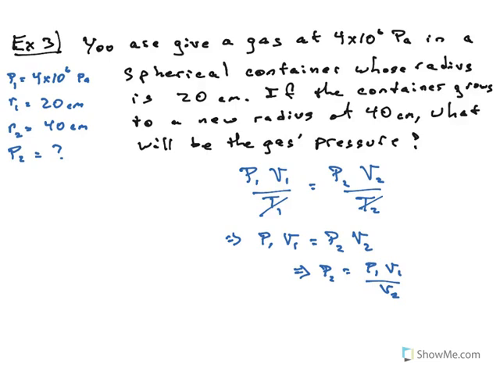So how do we do it? Well, the volume of a sphere is 4/3 pi r cubed. However, notice that our radii here are in centimeters, and that's bad, so I need to convert them to meters. 20 centimeters is 0.2, 40 centimeters is 0.4. You have to be in meters. Do not leave centimeters.